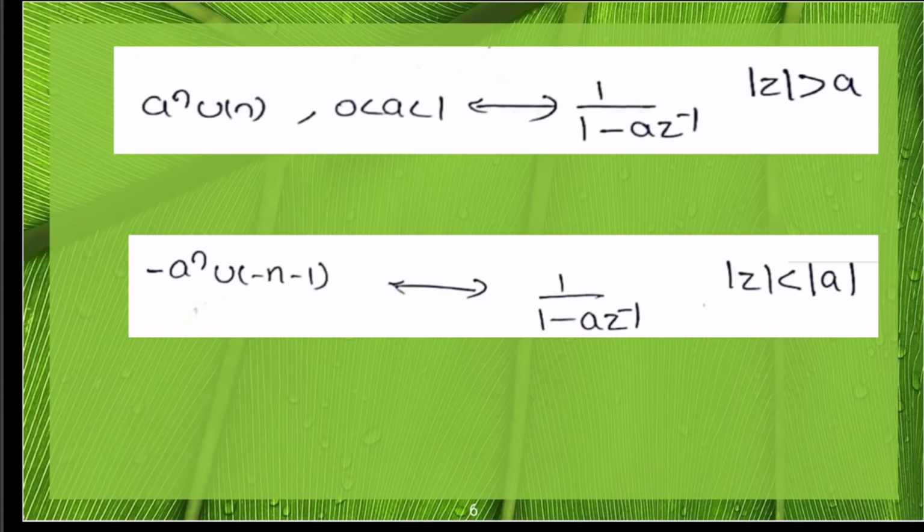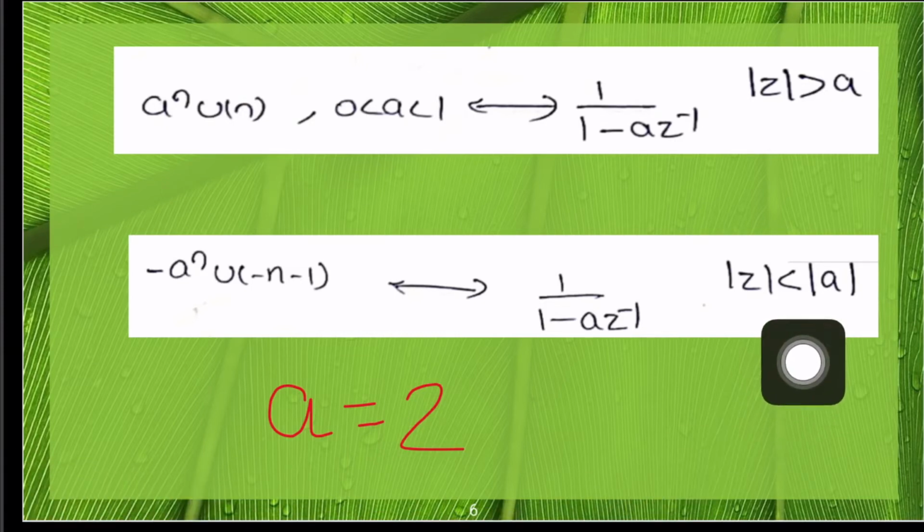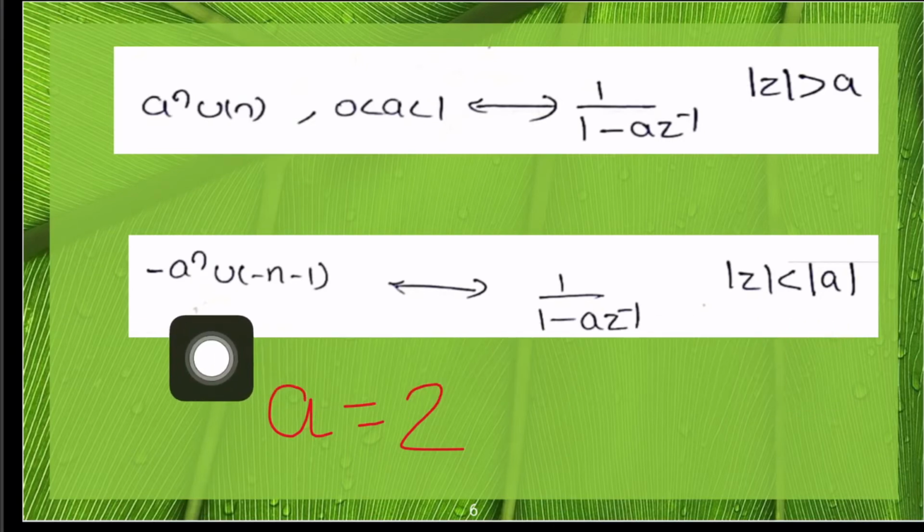In our question, it is mentioned that ROC includes unit circle and a is equal to 2. Since ROC includes unit circle, it should be mod z less than mod a, and the corresponding inverse Z transform should be minus a raised to n u of minus n minus 1.